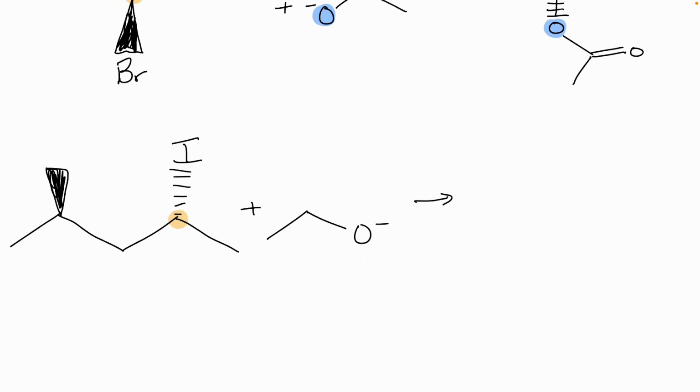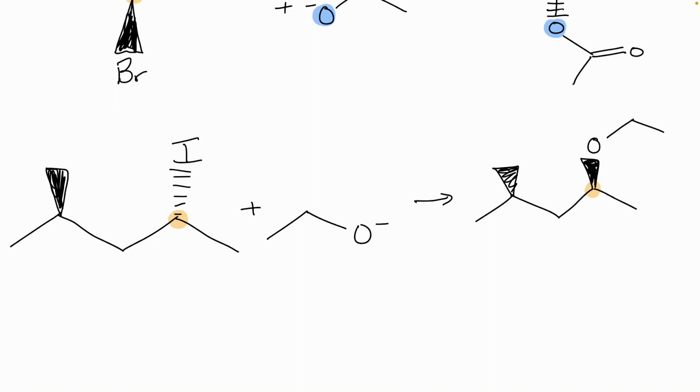And that is the only carbon that's going to be inverted, right? So we're not going to see any change in this group here because there's quite simply no reaction occurring over there. But this carbon right here, formerly my electrophile, is now going to have a wedged bond. It's going to turn from a dash to a wedge, and I'm going to attach that oxygen.